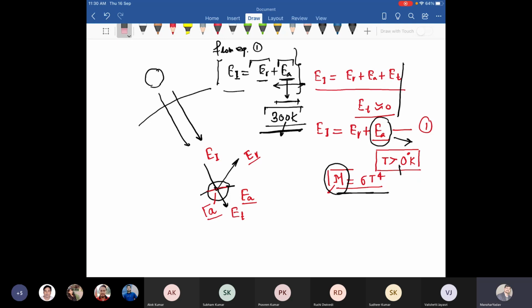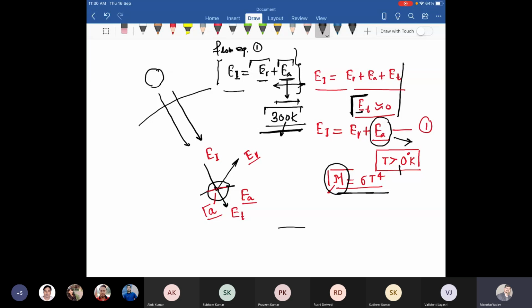And this ET is the transmitted energy component. If the electromagnetic energy within the electromagnetic spectrum can't travel through the solid medium, then obviously we don't have the transmitted component.